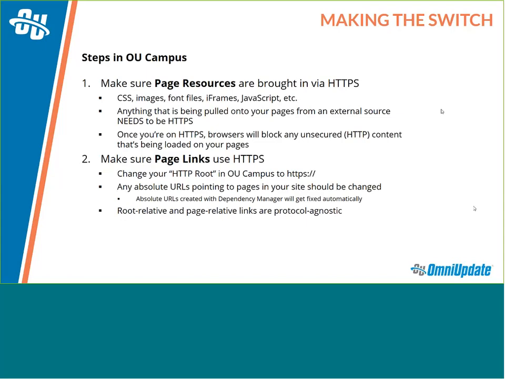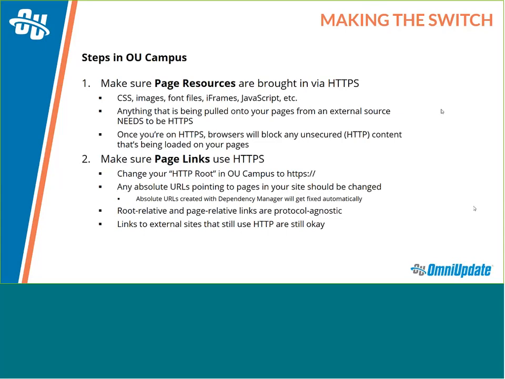Any links that live on your site that are root relative or page relative, those are protocol agnostic. Basically, they don't have HTTPS or HTTP in the link itself. It's just going to use whatever protocol was already being used. So those you don't need to worry about, because it's not even a question.